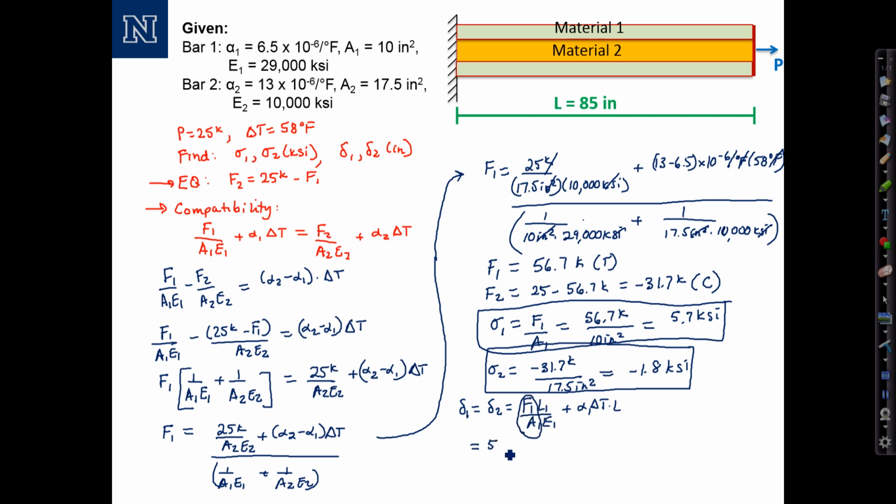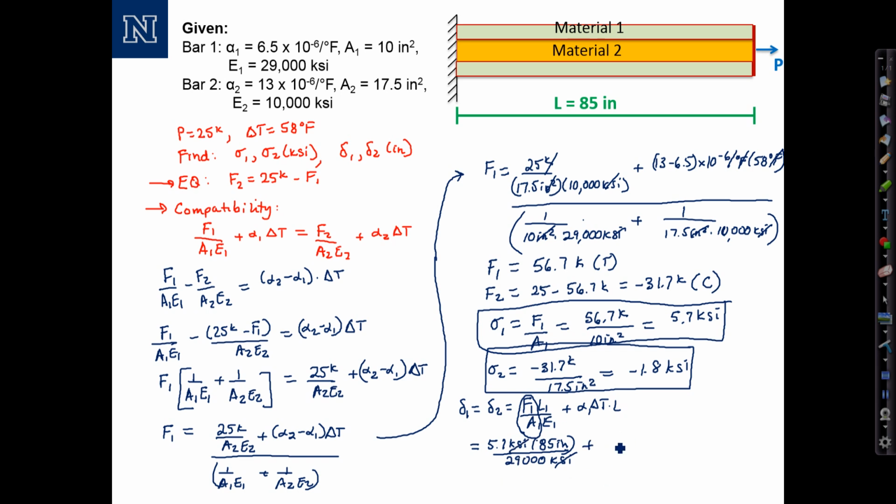F1 over A1 is the stress. Little shortcut, 5.7 KSI times L1, 85 inches, divided by E1, 29,000 KSI. Those two cancel out.